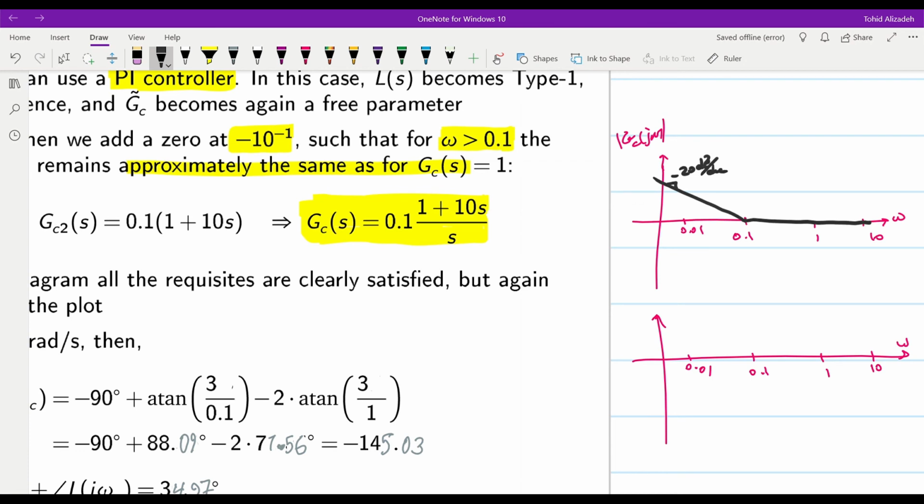In terms of the phase, we'll have minus pi over 2 for the pole at the origin all the time. The next term would be, at omega 0.1 we will have pi over 4, then we will have pi over 2, and now we need to add these two to each other to obtain the overall phase, and you see that it will be like this.